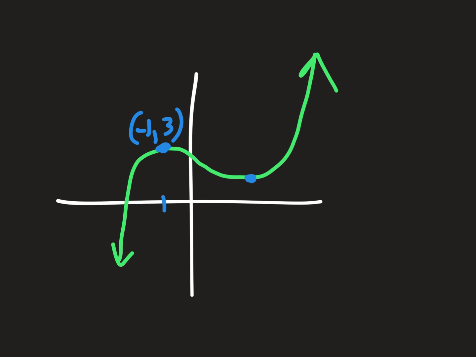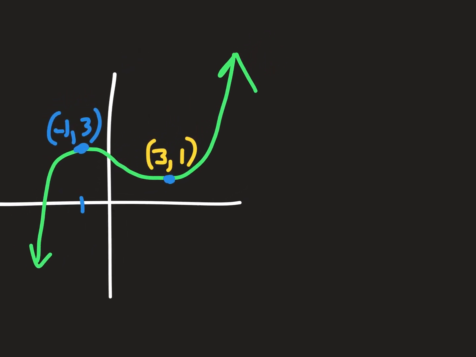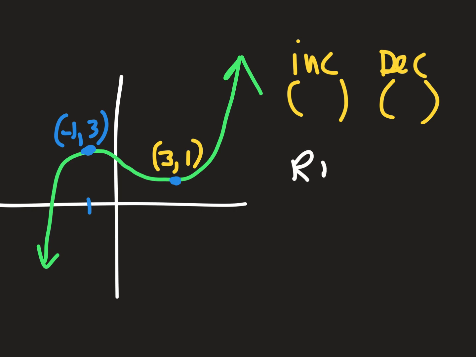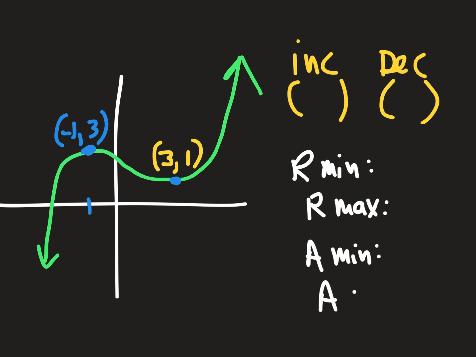I won't give its name, but it's at 3, 1. You should be able to tell me all the increasing and decreasing intervals and where is the relative min and the relative max and the absolute min and the absolute max.